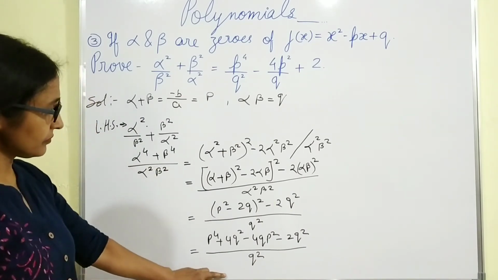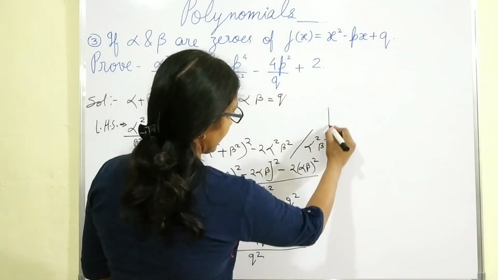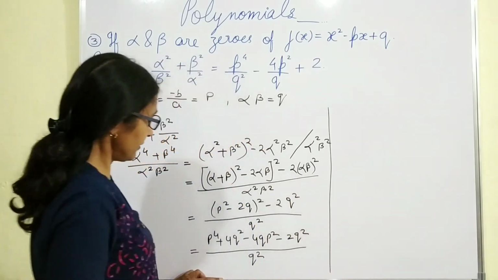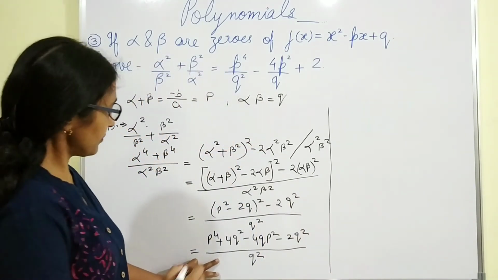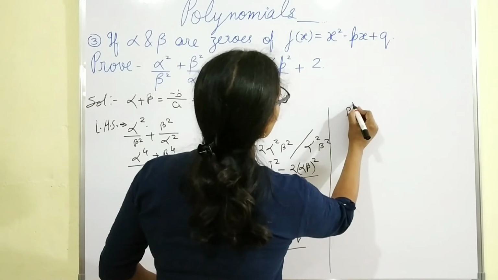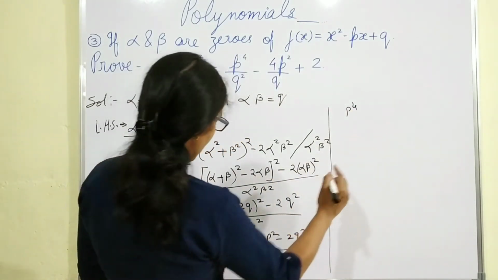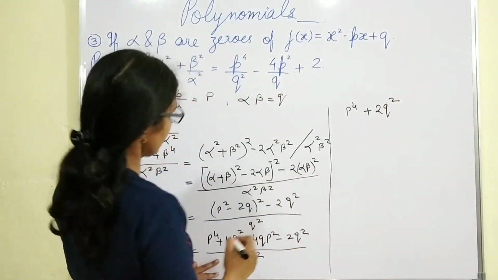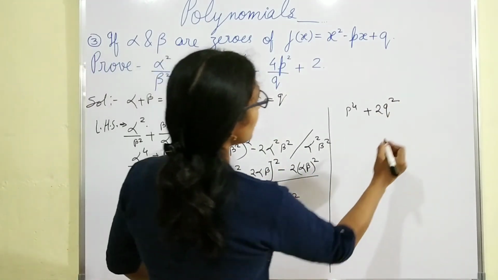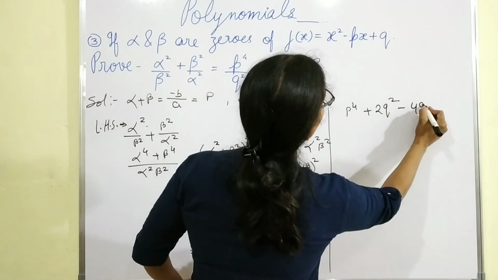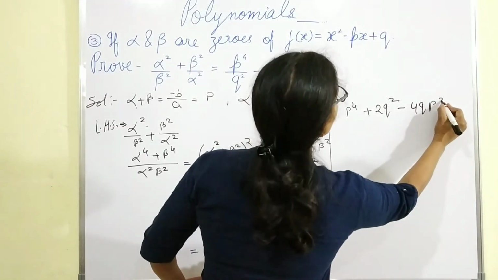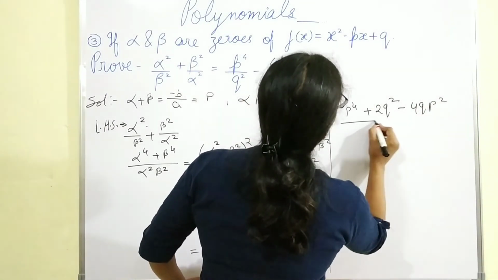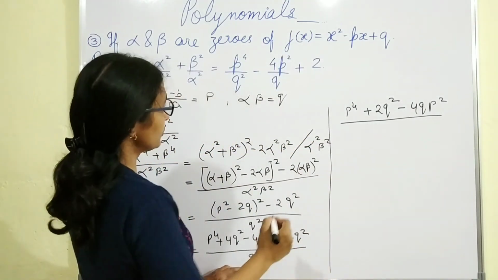So I am writing here: p power 4 plus 4q square minus 2q square plus 2q square minus 4q p square, whole upon q square.